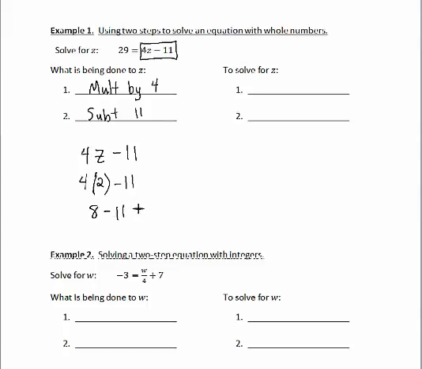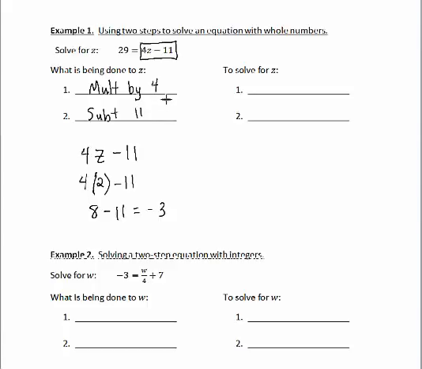And then I would subtract 11, and I'd get a negative 3. But obviously negative 3 doesn't match the 29. So I didn't pick the solution, but the point is, what happens according to the order of operations to z? We multiply by 4, then we subtract 11.